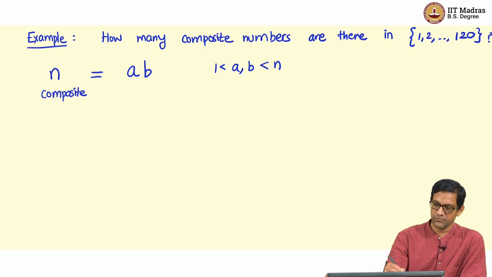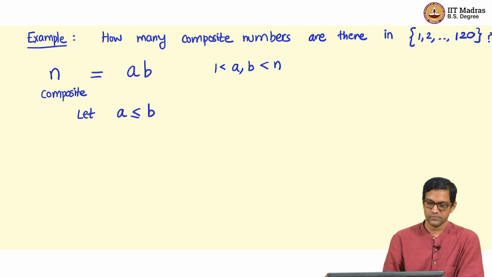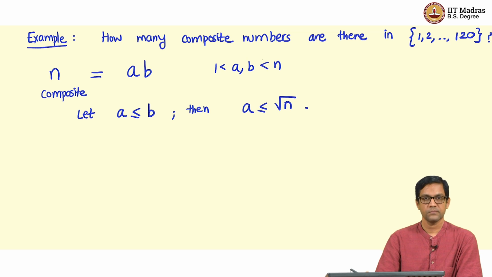So observe, the smaller of these 2 numbers, let me assume that a is the smaller of the 2. Okay. If b is the smaller, I will just do the same argument with b instead of with a. So let a be the smaller, then observe that a has to be less than or equal to the square root of n, right.